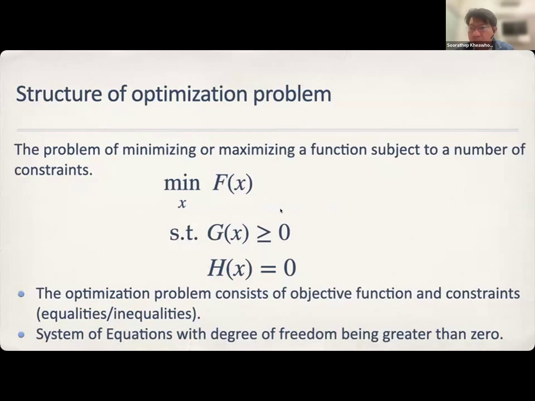We call it mathematical programming, of course. If you translate, you interpret your problem into this form, then you can solve it using several optimization algorithms available in the market.